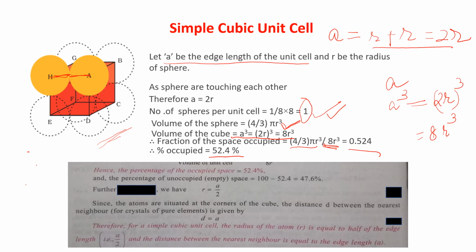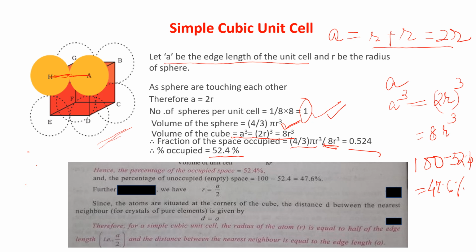If the total is 100, then the empty space will be 100 minus 52.4, which equals 47.6%. This 47.6% is the empty space, because 52.4% is the space occupied.